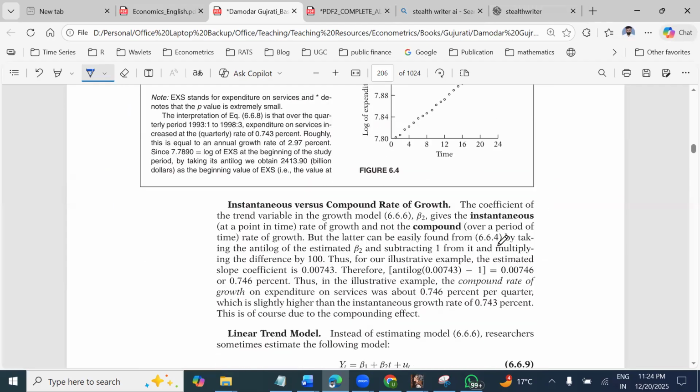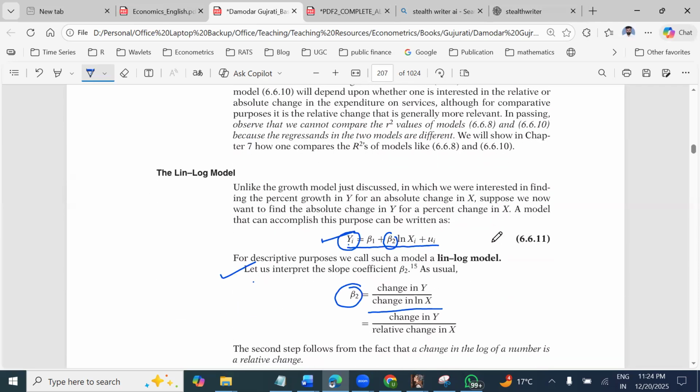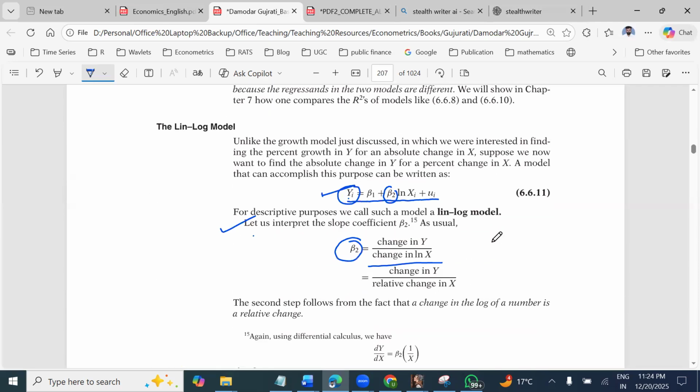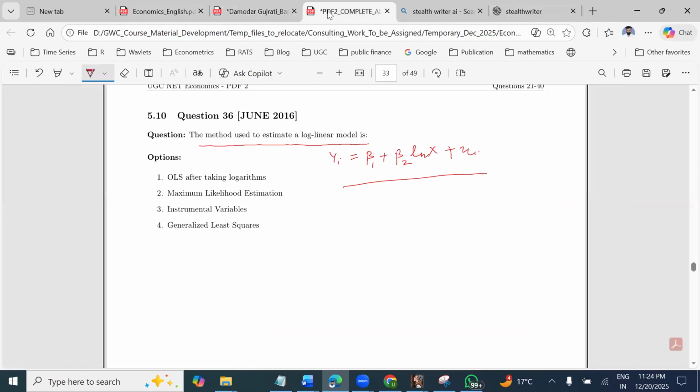So Madhusweta, what you told is a lin-log model, but the question was the log-lin model.